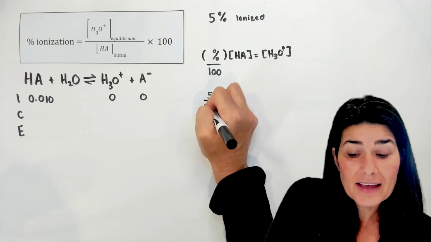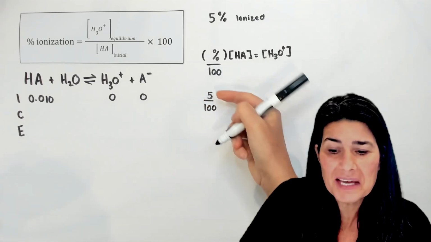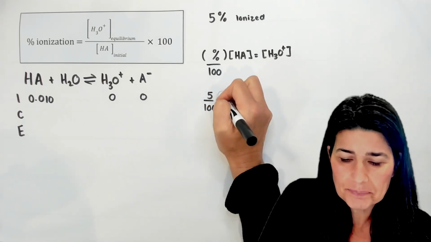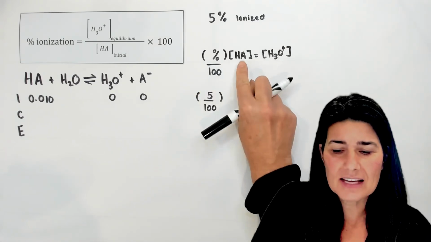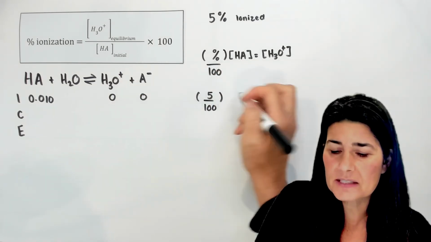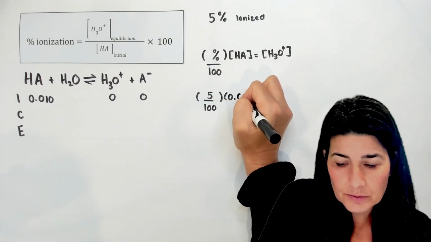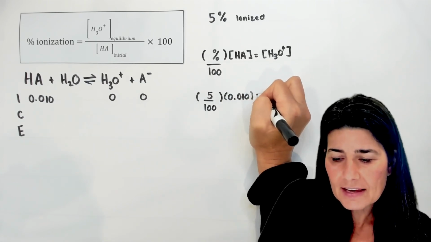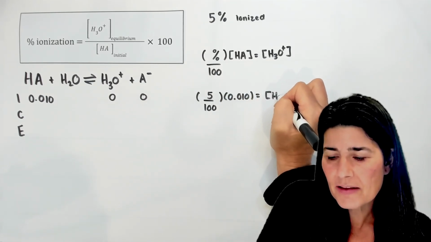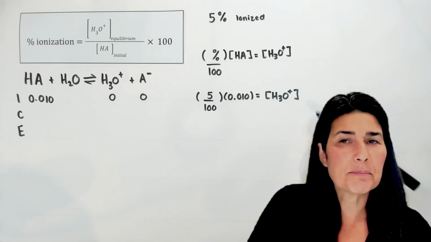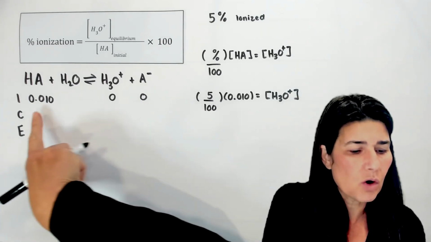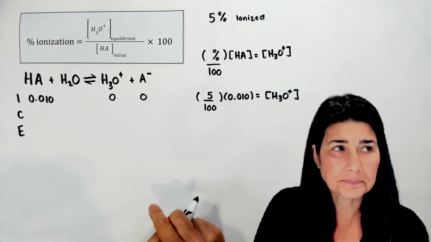So 5%, 5 divided by 100, that's what percent means, 5 per 100, multiplied by the initial concentration of 0.010 gives me the concentration of H3O+ that is created, or that breaks away from my acid.